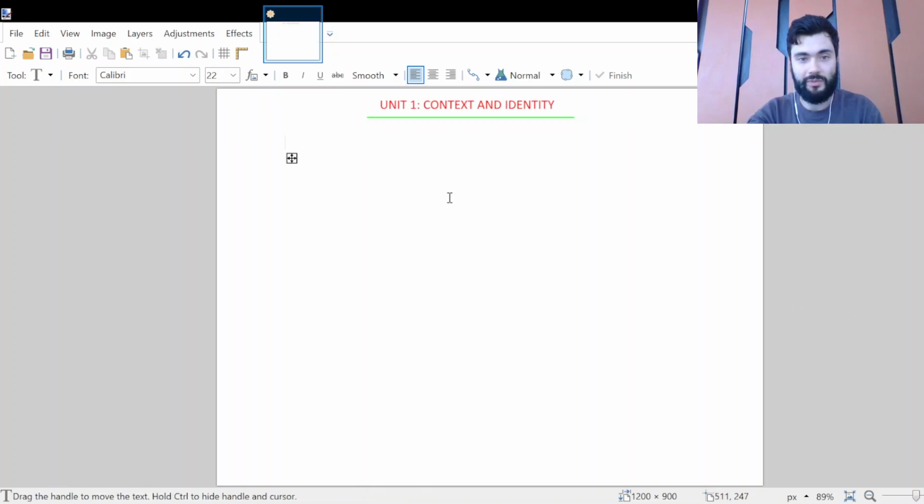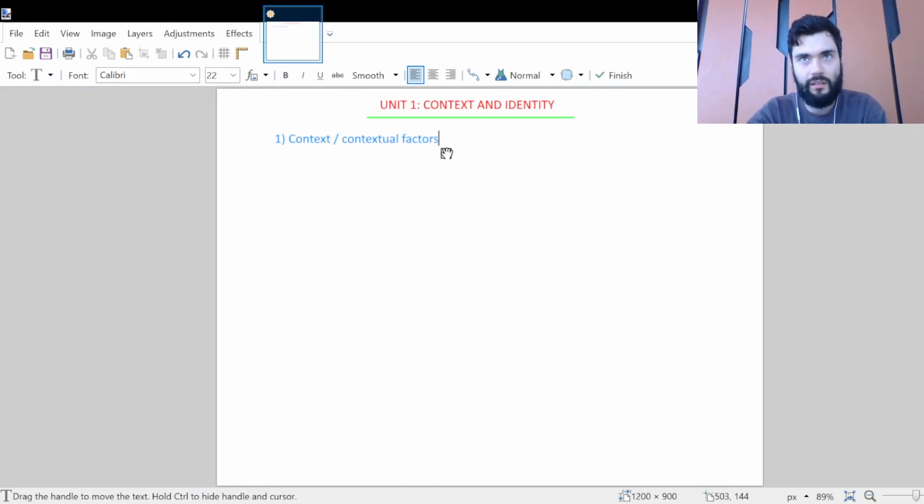So we better start with these 3 main components here, and the components are as follows. So the context is both the situation and the features that describe the situation. So we can say that it's context and contextual factors. We'll speak about them in greater detail a little bit later.